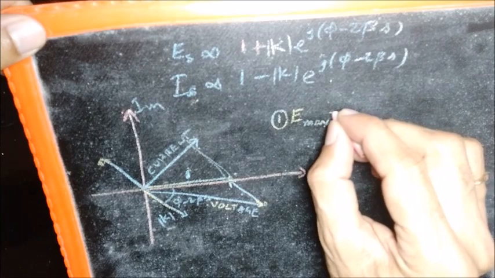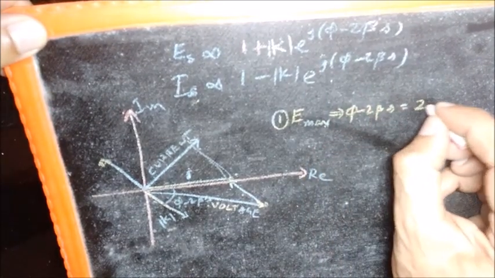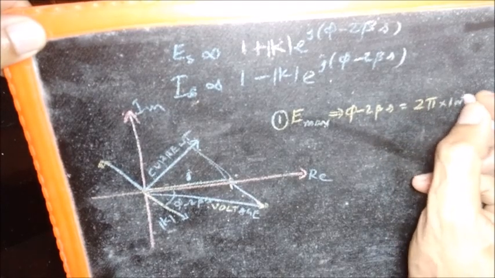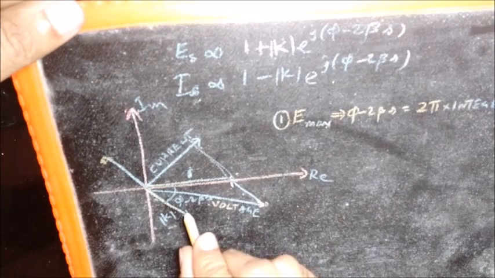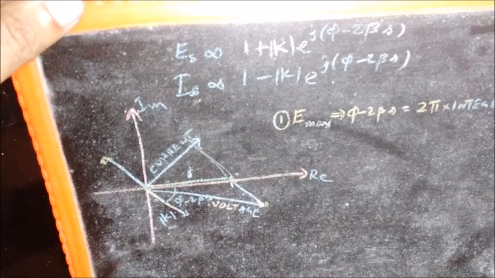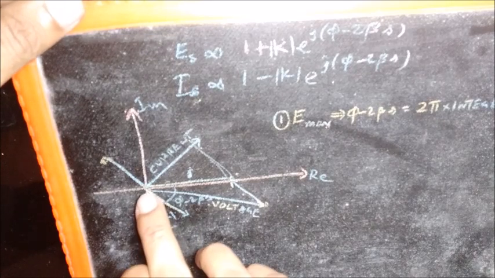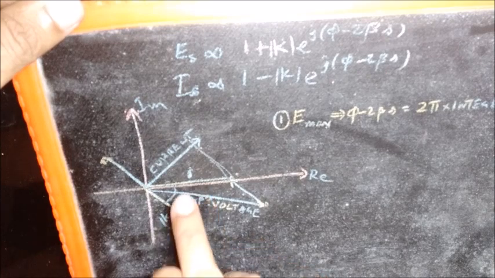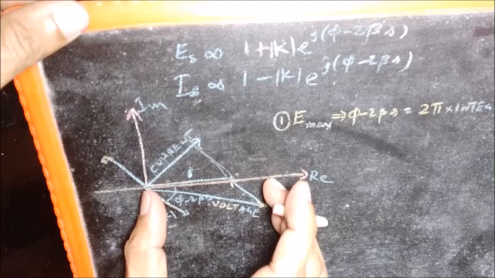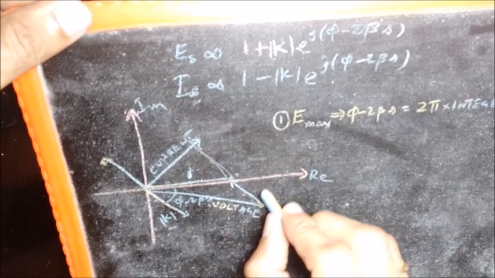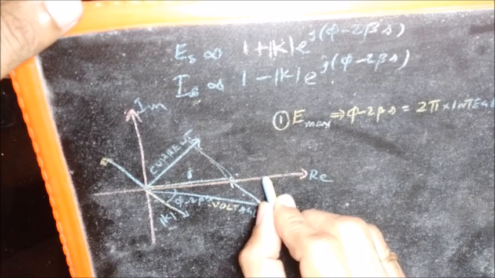So this occurs when phi minus 2 beta s is 2 pi into an integer, which is quite obvious, because when phi minus 2 beta s, this angle, is 2 pi into an integer, this k will be exactly in phase with 1, and 1 plus k will be this, as we saw earlier. So 1 plus k will be this, and that corresponds to the maximum amplitude the voltage wave can have.